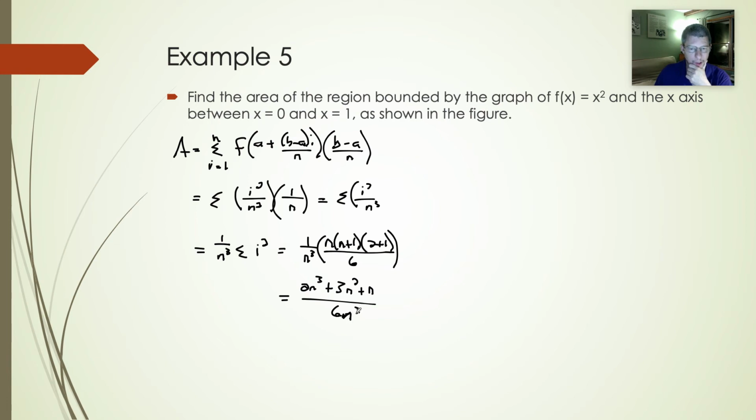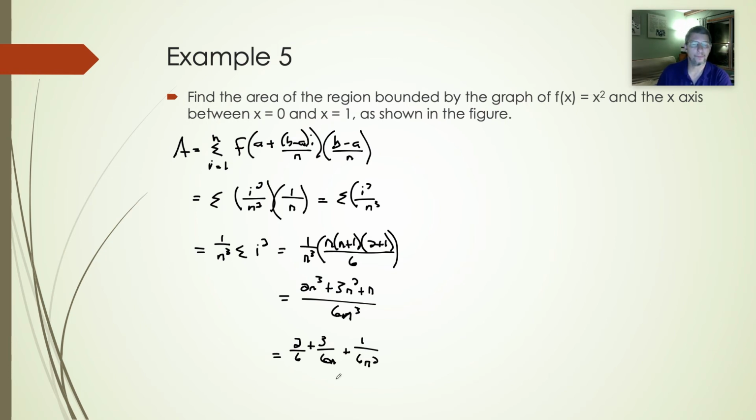Divide the n cubed out, and that's going to leave me with 2 over 6 plus 3 over 6n plus 1 over 6n squared.